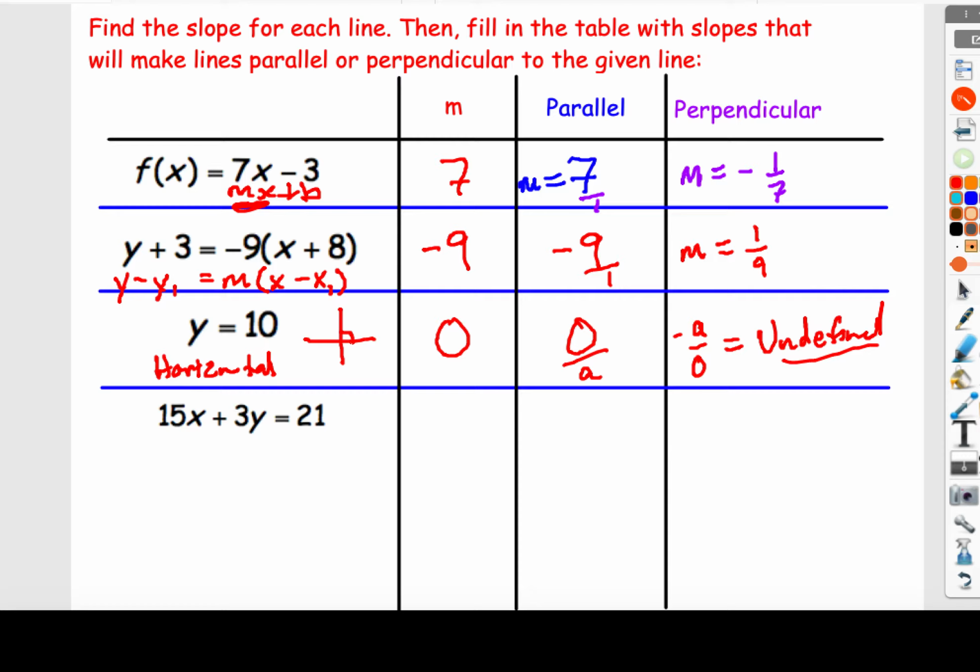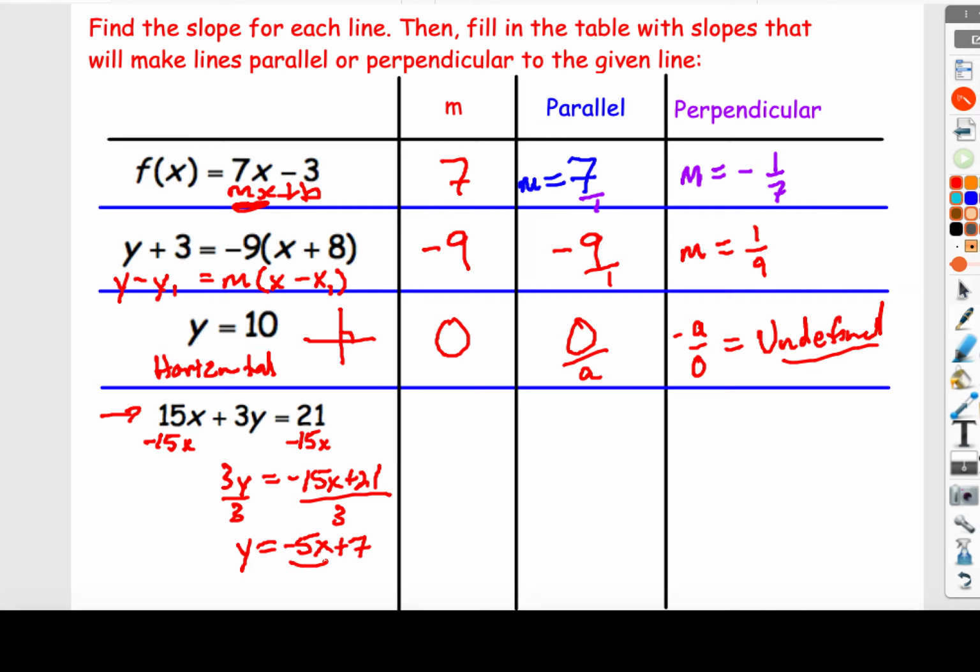And then the last one, we just have to identify the slope very quickly. So I'm going to subtract 15x from both sides, because the easiest way to identify that slope is to get this into y equals mx plus b form. Standard form as it's written, with x and y on the same side, is not as helpful. But if I divide by 3, y will equal negative 5x plus 7.